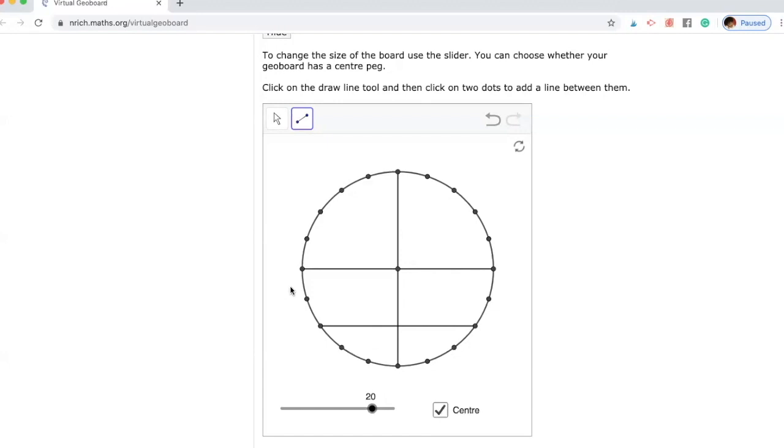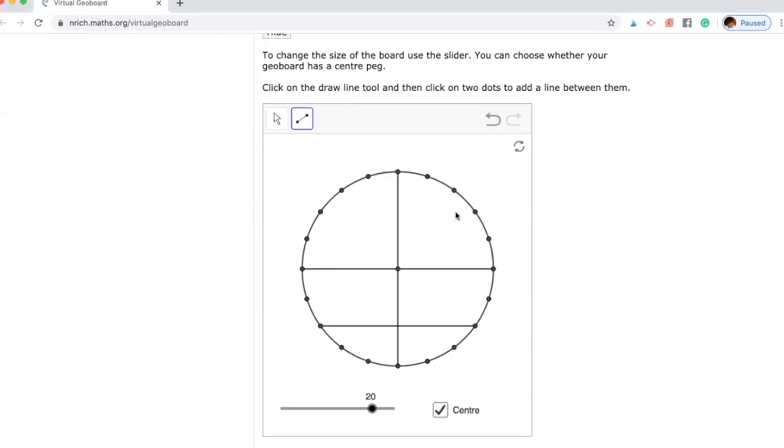Right, it's another diameter. It's another diameter because, again, it's a chord sitting on the circumference of the circle, and it's going straight through the center of the circle. So if I have two radii and I put them together, I can make a diameter.